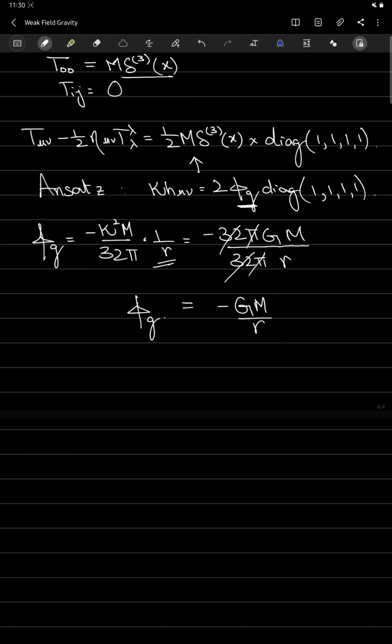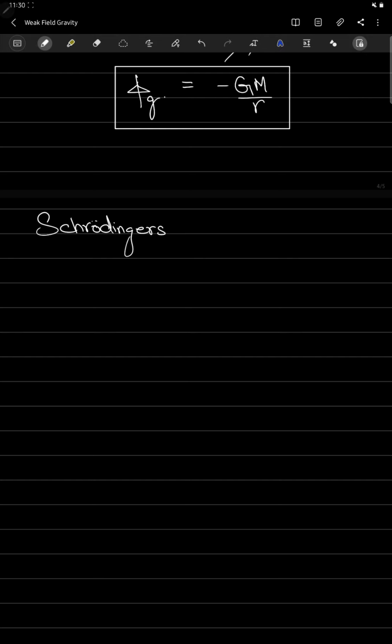Now I'm going to also show you something else, which in fact I even promised you in the beginning, and that was that I'm going to show you how I can arrive at the Schrödinger equation using everything that we have done so far, right?